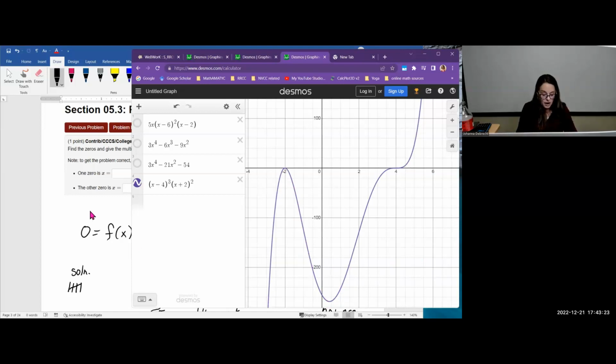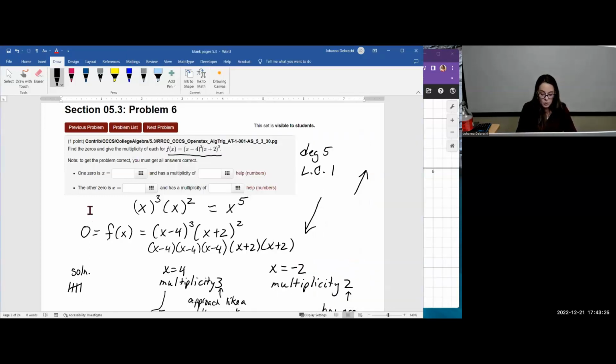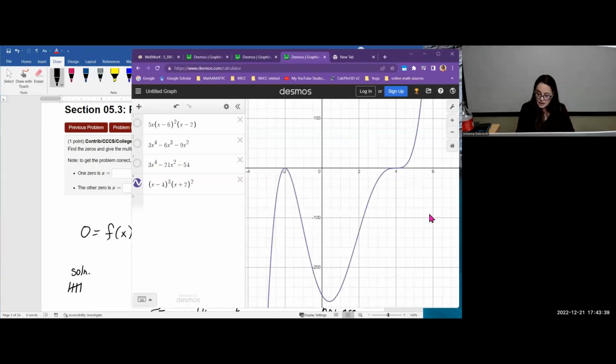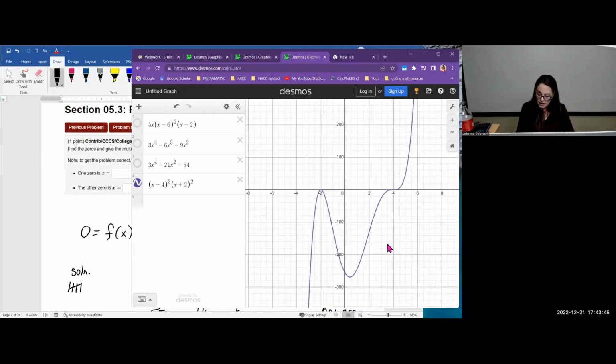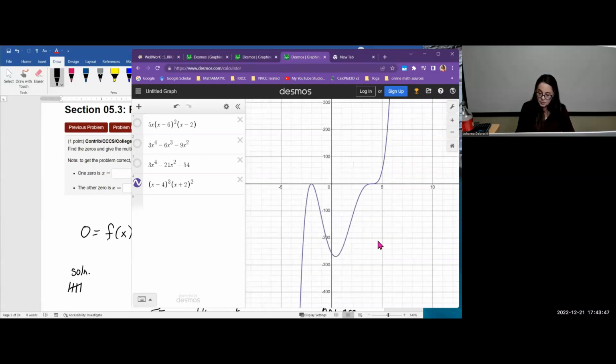So ours in this case was degree 5. So we either have 4 turning points or 2 turning points or no turning points, because they come in pairs and they count down towards either 0 or 1. In this particular one, I'm going to scroll out so you can see the whole thing from a distance.